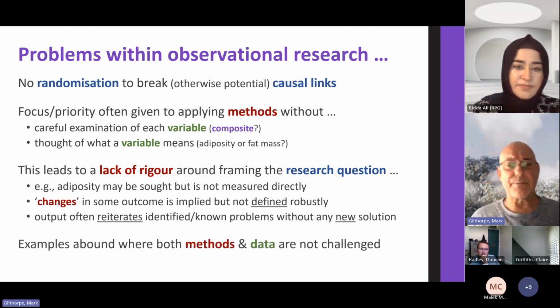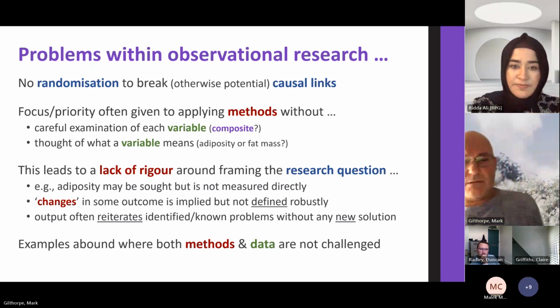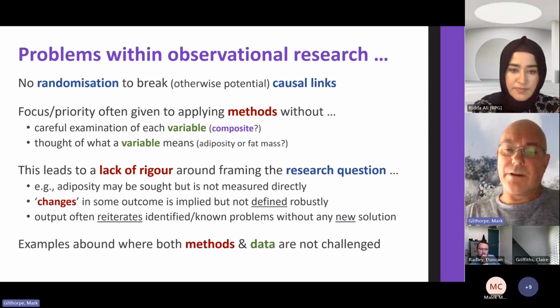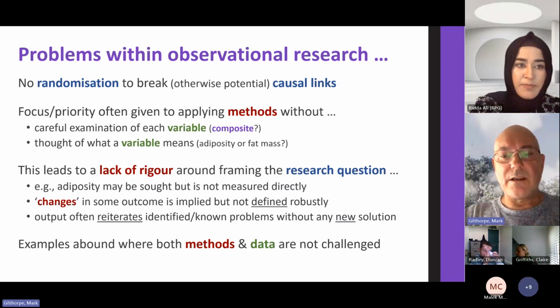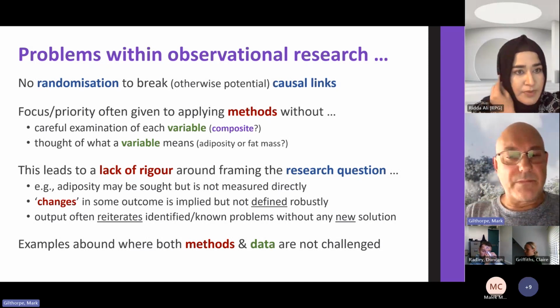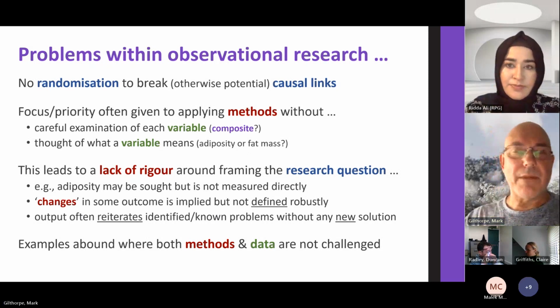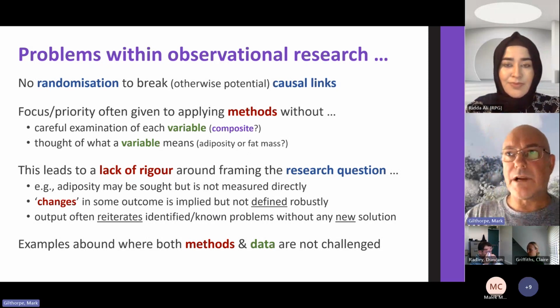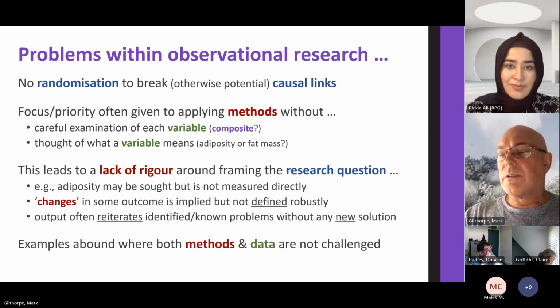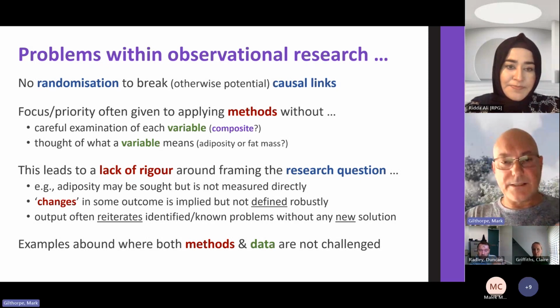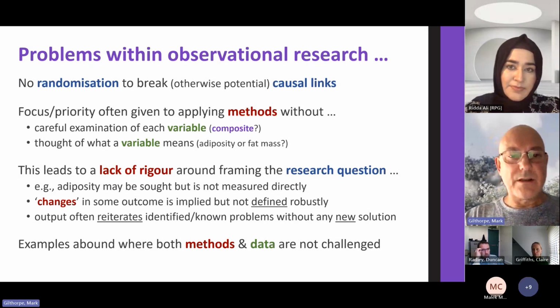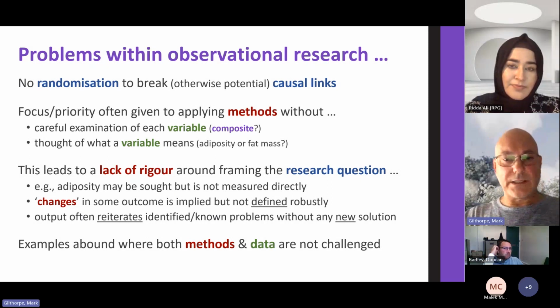So many examples abound in the literature where I would say both the methods and data are not considered carefully, and this isn't challenged enough. And there may be, as a consequence, an absolute mass of literature out there, and I think we're drowning in it. It muddies the water, where what looks like sophisticated analyses are produced, but actually there's nothing of value generated analytically.